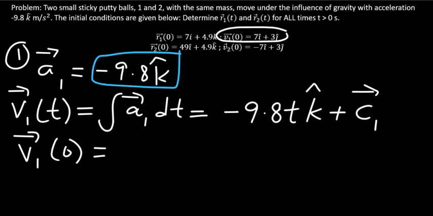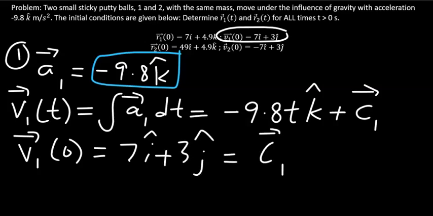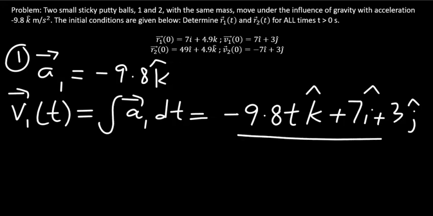And since we know v1 at t equals 0 is 7 i hat plus 3 j hat, that is quite simply the integration constant vector c1. So we have a complete expression for c1, namely 7 i hat plus 3 j hat. So that is the velocity vector of ball 1 at any time t.